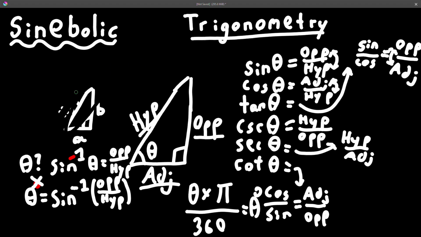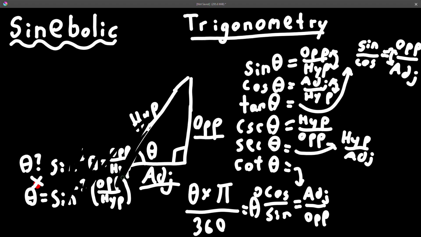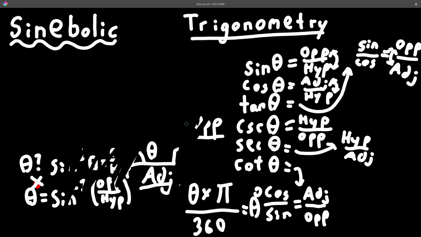Let's just erase all this. Now let's get an example. This time, an example of a Pythagorean triple that we can use to calculate the trigonometric functions.